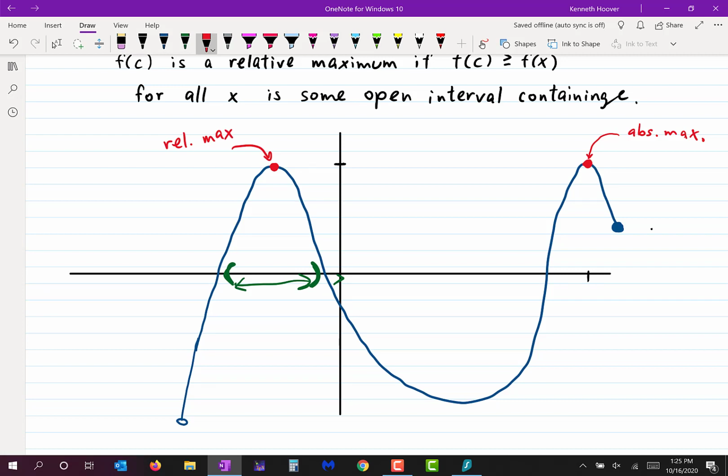Well, that point is a relative maximum point on the graph. The relative maximum value is whatever that y value is, and that relative maximum occurs at whatever this x value is. Okay? And likewise, you probably noticed that this point over here is a relative minimum point.